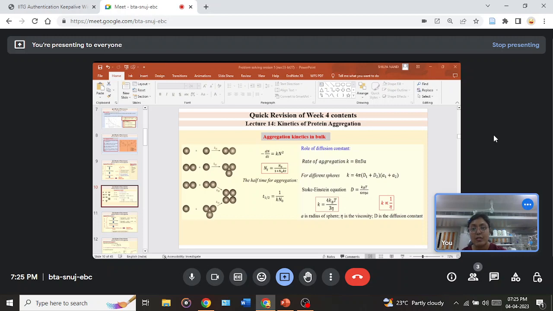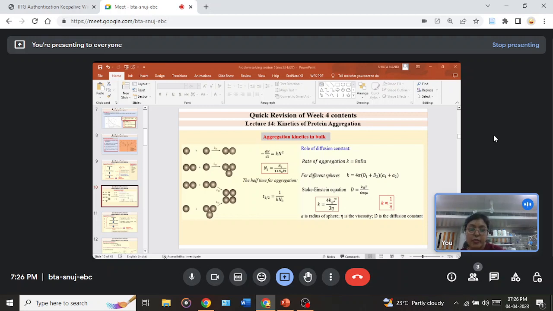If you integrate it, taking N naught as the initial number of molecules and Nt as the number of molecules at that particular time, you will get the expression Nt is equal to N naught by 1 plus N naught kt. The half time of aggregation based on this expression can also be derived, that is T half is equal to 1 by k N naught. So we can try to solve this.